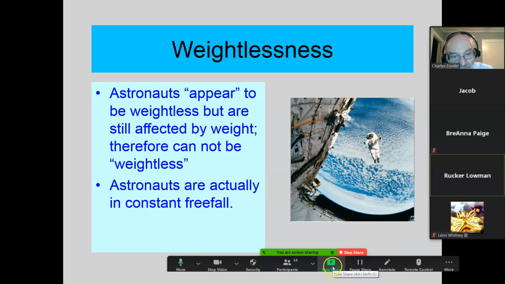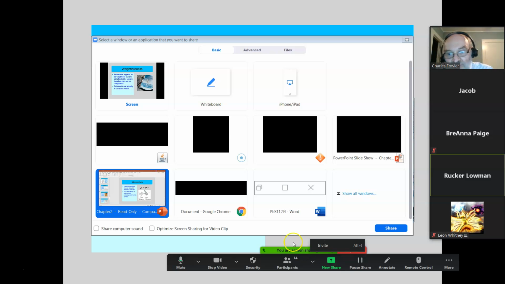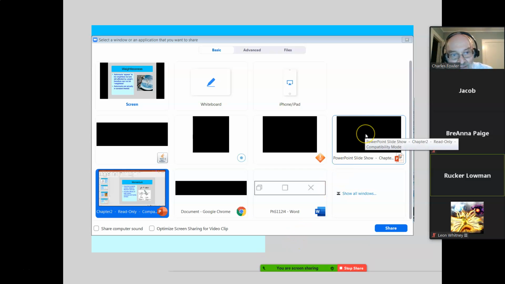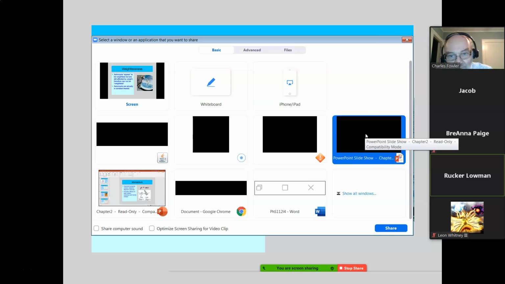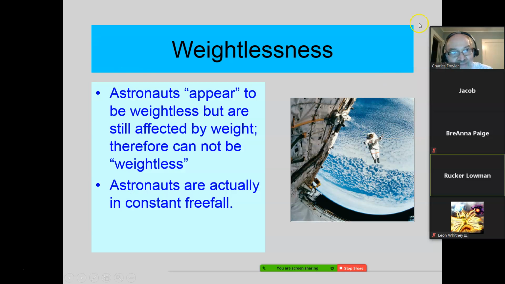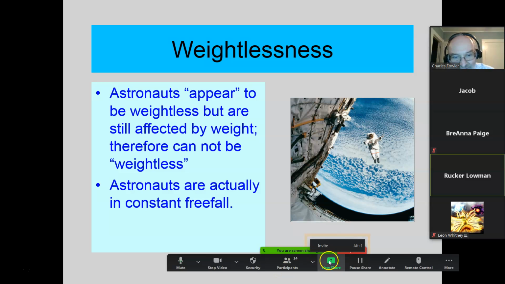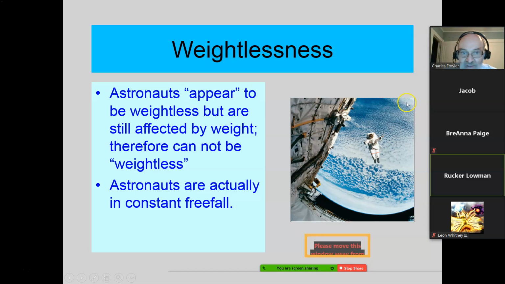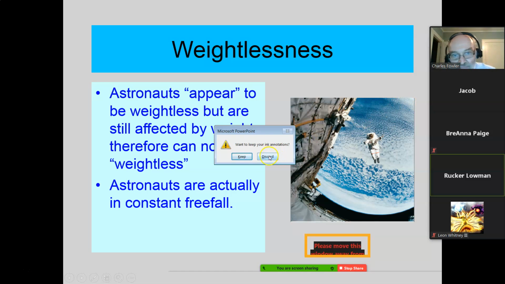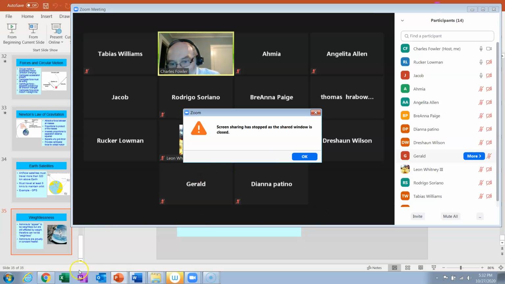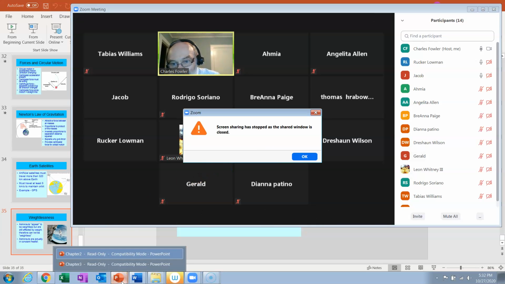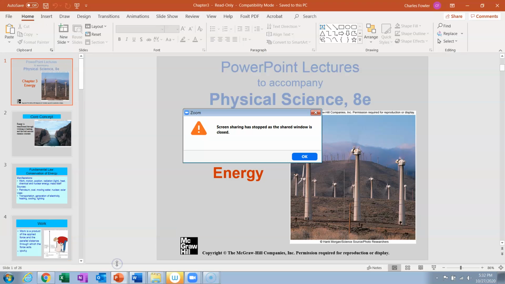So let me go to Chapter 3. I think that's it. Nope. Where in the world do they put Chapter 3? Nope, not there. So I'm going to have to go out and find Chapter 3 again. I don't know why it messes up like this, but it does. So let me escape here, discard my annotations, and go back and find Chapter 3. There's Chapter 3.